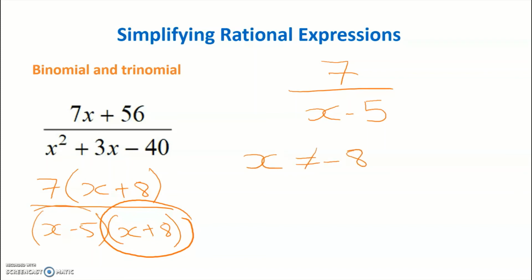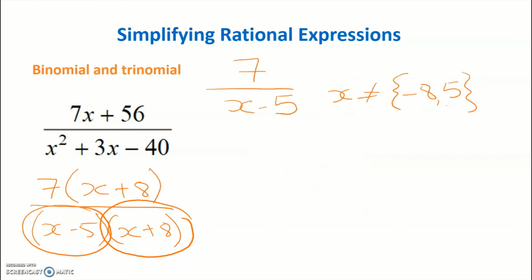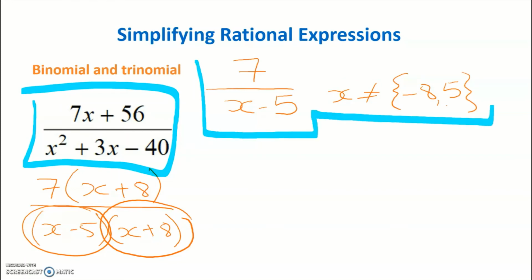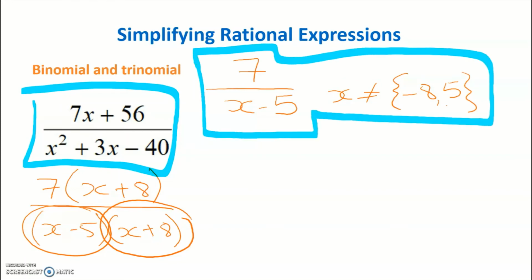And for what we're left with in our denominator to be 0, x can also not be 5. So the simplified version of this rational expression is 7 over x minus 5, where x cannot be equal to negative 8 or positive 5, because that would result in the denominator being 0, and this cannot happen because we cannot divide by 0.